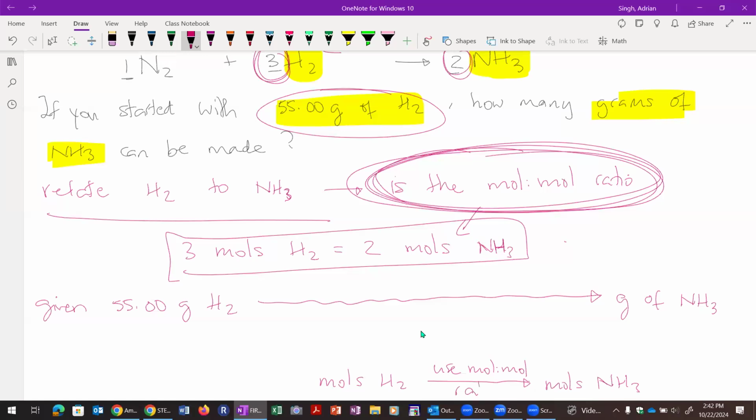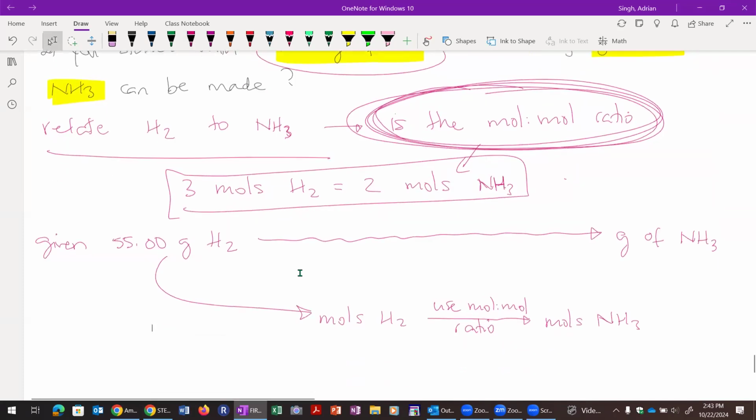We're going to use that mole to mole ratio from the balanced equation. So in order to use it, we have to get from the grams of H2 to the moles of H2. Well, guess what? Converting from grams to moles is something that we learned how to do. So we want to convert grams of H2 into moles of H2.